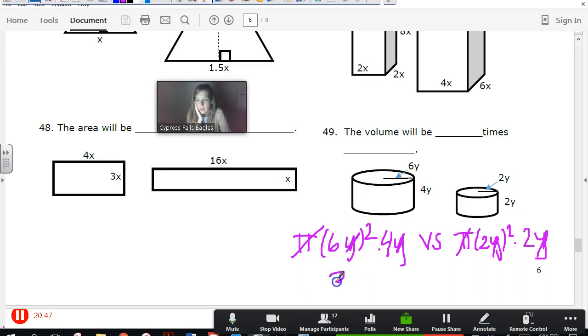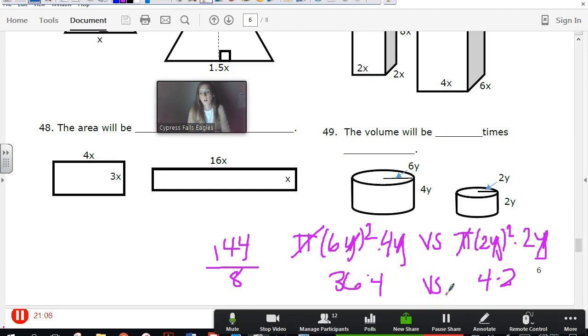6 squared is 36 times 4. 2 squared is 4 times 2. So we're comparing 144 to 8. 144 versus 8. And we can even flip it. I'll just do 144 divided by 8 for now, 18.